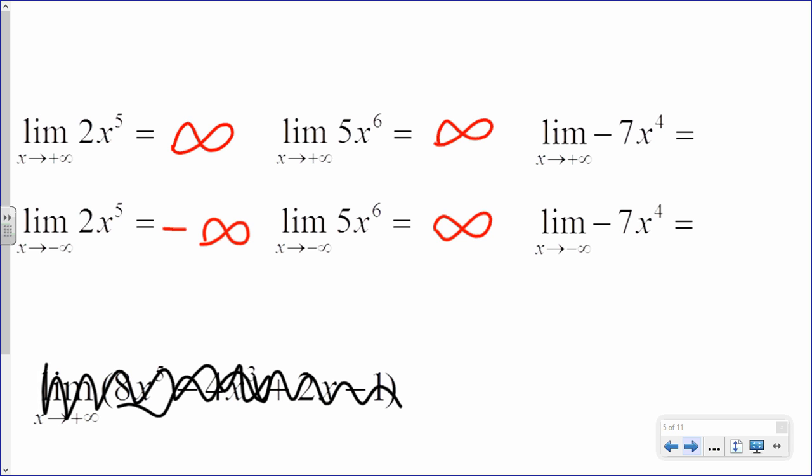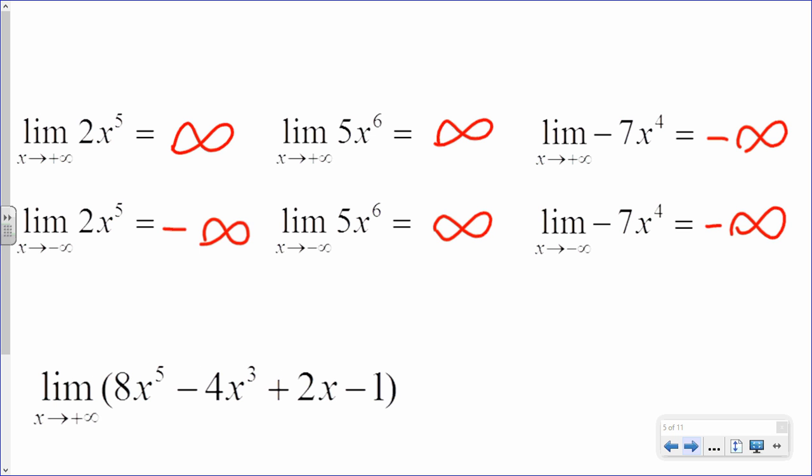As we are going to the right, what is happening on our graph, Trevor? False. And as we go to the left, Will? Good. Leading coefficient's negative, so the right side's going to fall. Even degree, so that's going to be the same. All right.